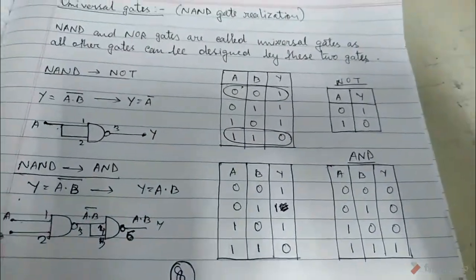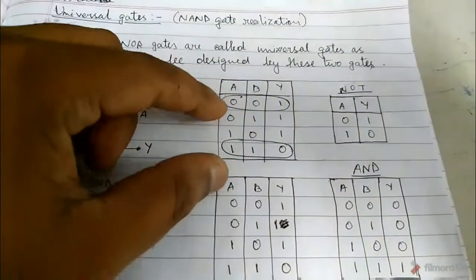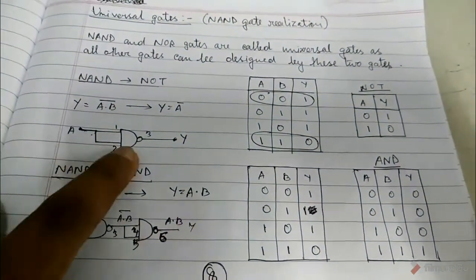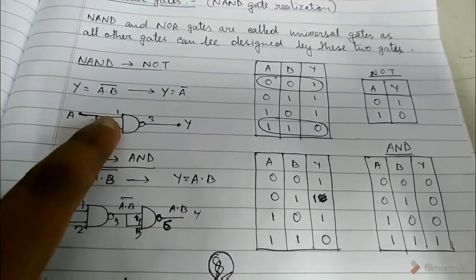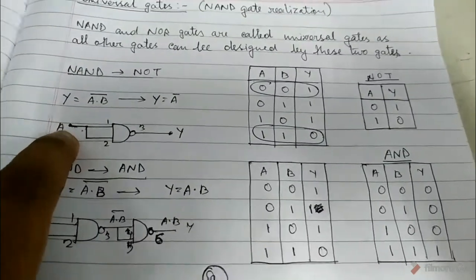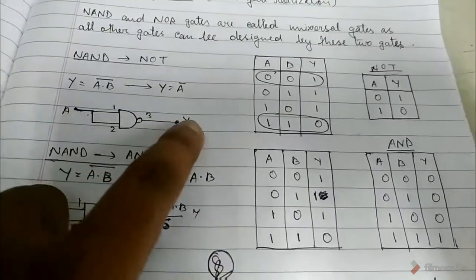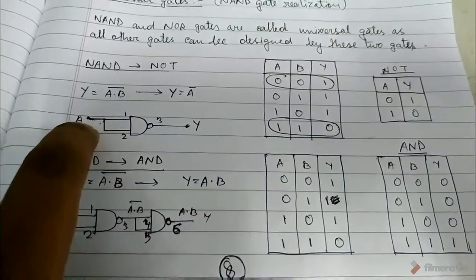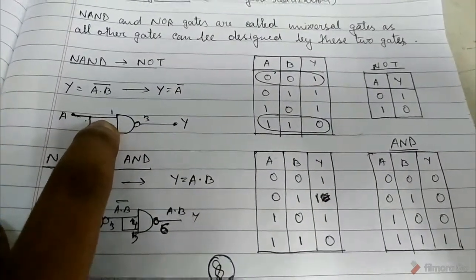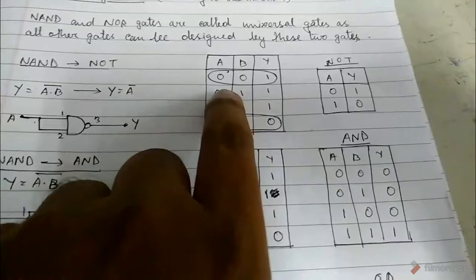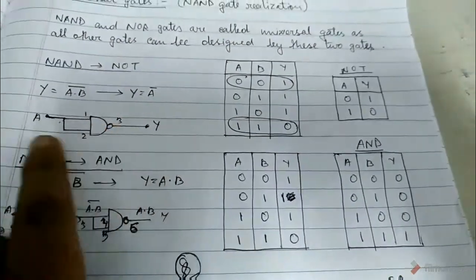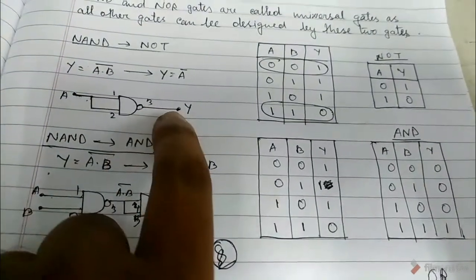We have to take these two conditions to construct a NOT gate. Now if I short circuit the two inputs, then the input becomes only one terminal. So we have only one input now and one output. If A is equal to 0, that 0 is applied to both input terminals, and for 0 input the NAND gate gives output 1.